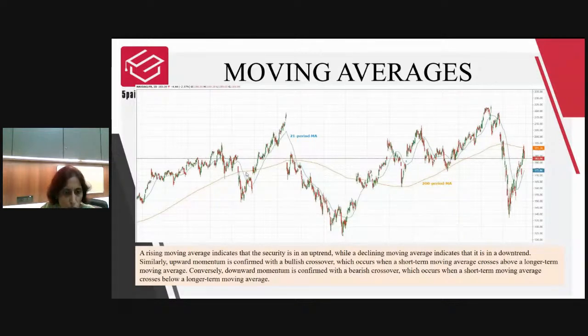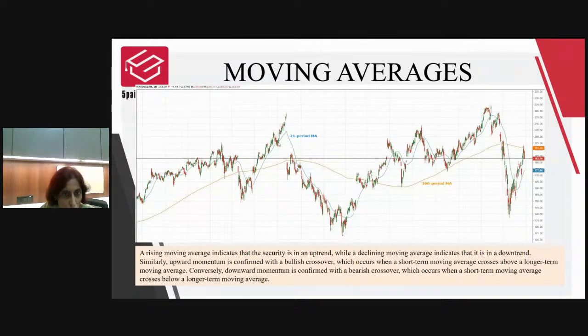An upward momentum is confirmed with a bullish crossover, which occurs when a short-term moving average crosses above a longer-term moving average. Do you see this? The 21-day period moving average crossing the 200 period moving average. And from there on, the moment it crosses, you get to see an overall uptrend and upward momentum in the market.